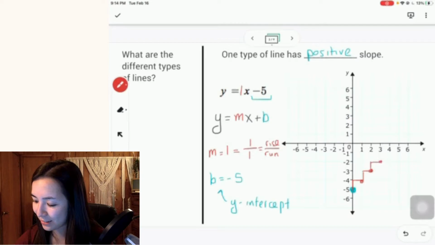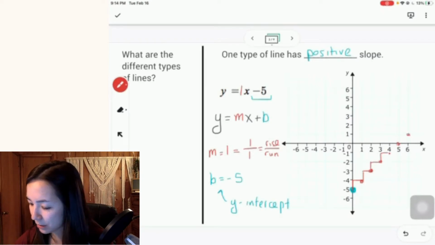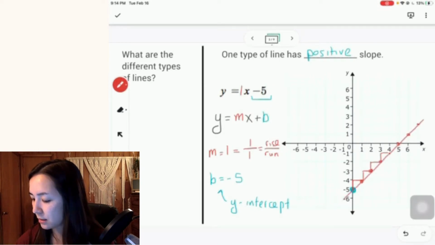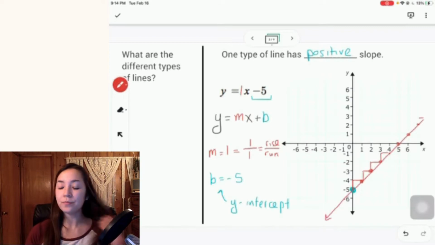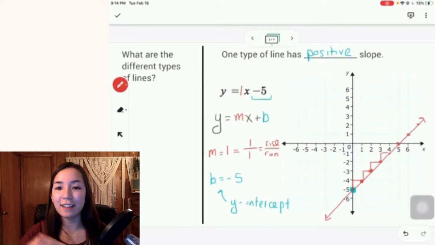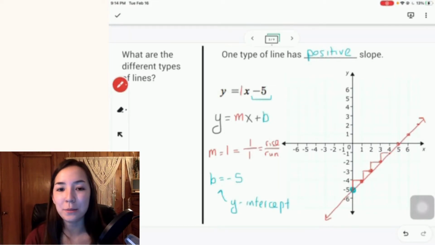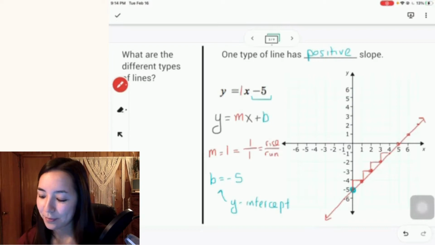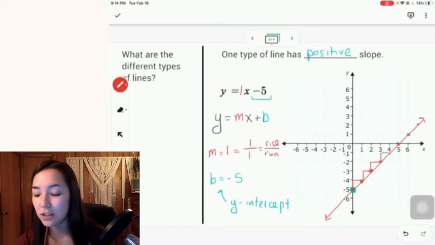Up 1, over 1. And I'm going to just draw a straight line through those points. So our slope was positive, which is good because our line is increasing, which means it has a positive slope. Pause the video here and make sure you have this example written down.